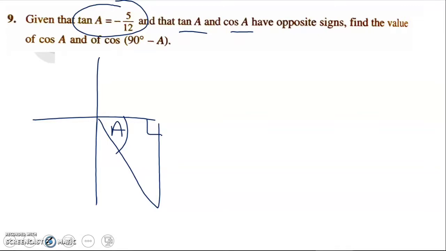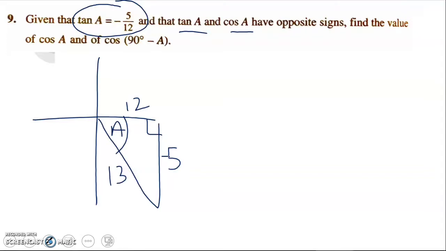Let's go ahead and make our sides. That's opposite over adjacent. So 5 and 12. This will end up being, my hypotenuse will end up being 13. I know this is going to be a negative 5, so make sure you, because it's going down on your y-axis.